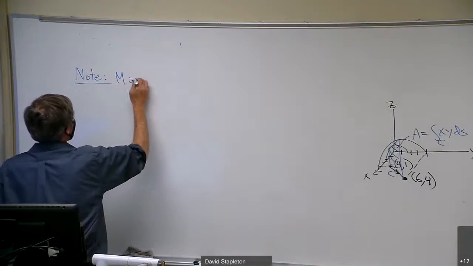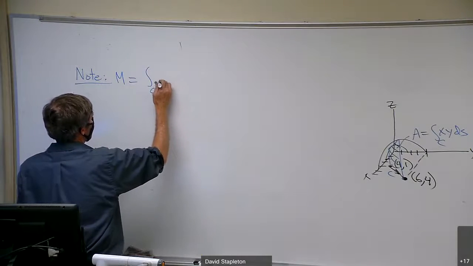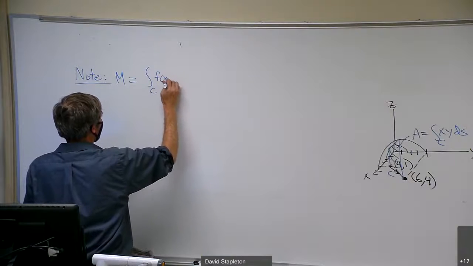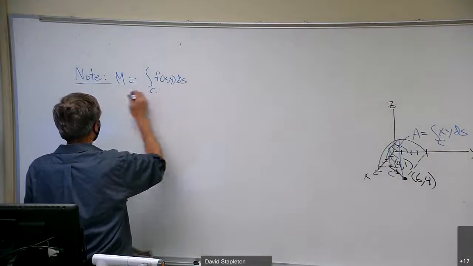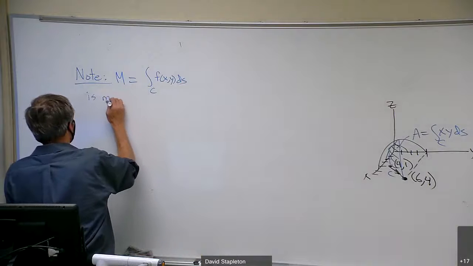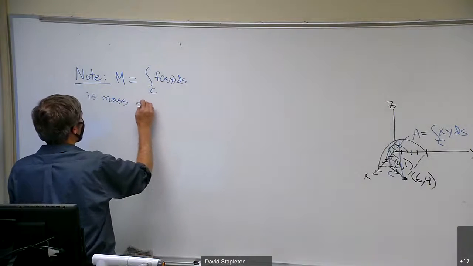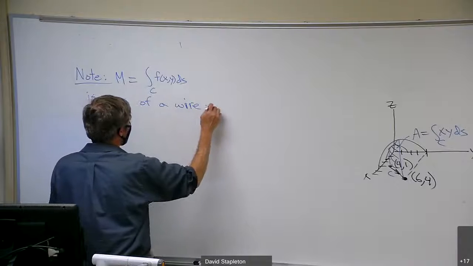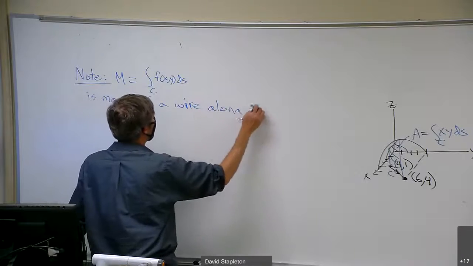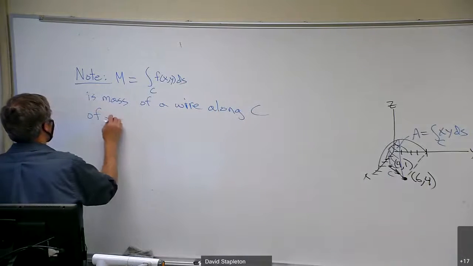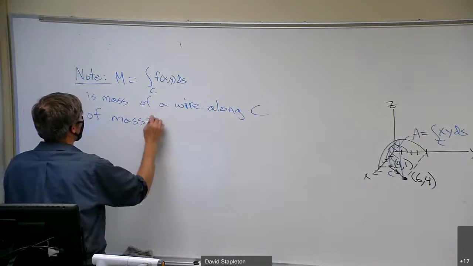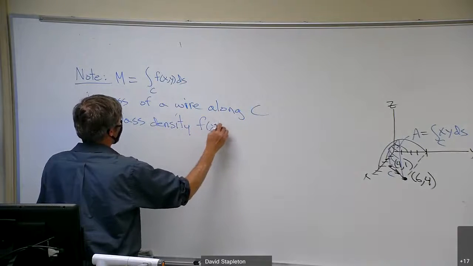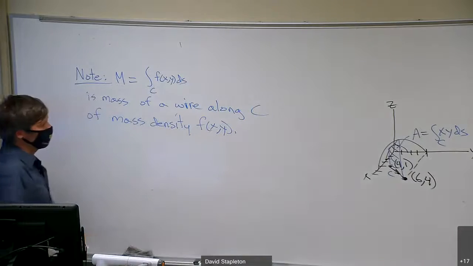That's what we wrote last time: mass of a wire along C of mass density f of x y is the integral along C of f of x y ds. That is the second interpretation.